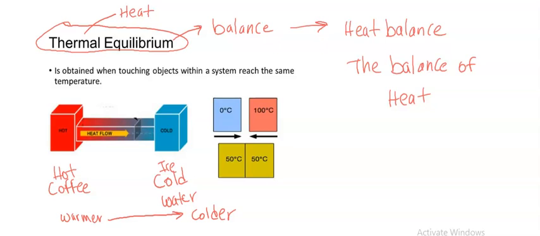So what happens is that the hot coffee that's next to the ice cold water, the heat of the hot coffee will travel to the ice, and the ice cold water will absorb that heat, and they will get to a situation where eventually the temperatures will be equalized. It will balance out.